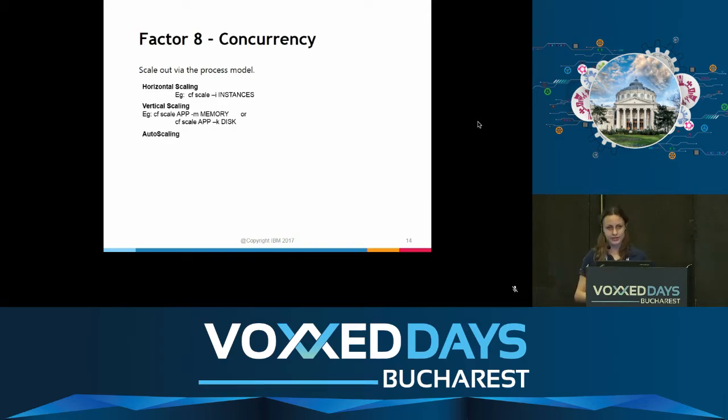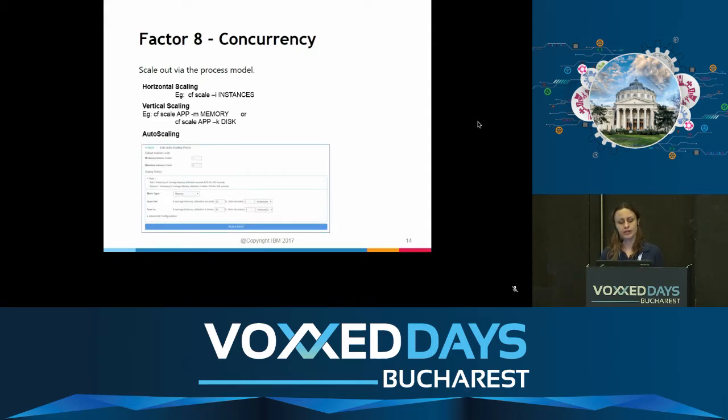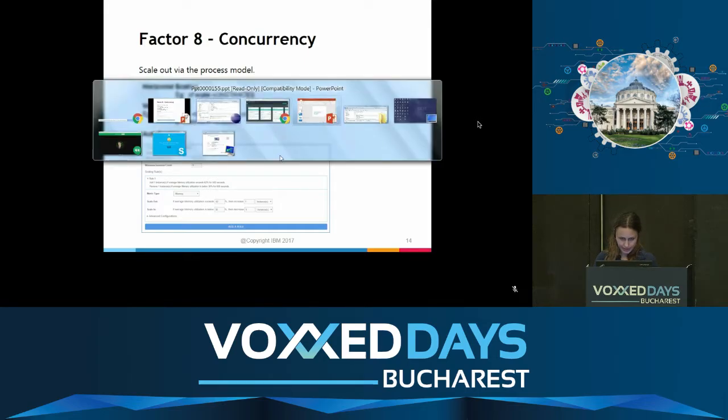Or you can auto-scale. So some clouds offer this service of auto-scaling, and you can just set up rules for auto-scaling that can detect automatically if you need, at a certain point in time, to add more instances or just add more memory. So for example, if you do not need to supervise your application when it needs more instances or more memory, you can set up these kinds of rules, and I want to show you a bit how you can do that.